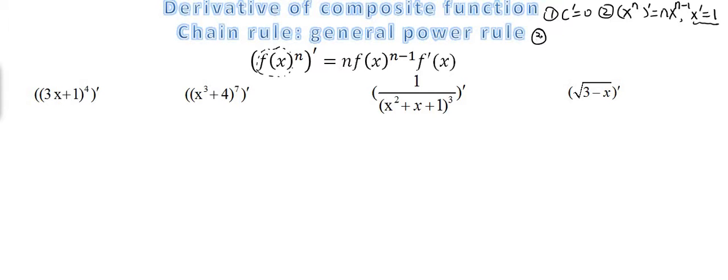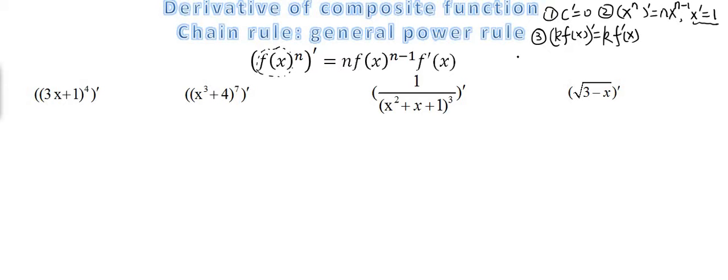Third one, if we have a multiplication of a constant and a function, the derivative of this is going to be: keep the constant the same, and we do the derivative for f(x).